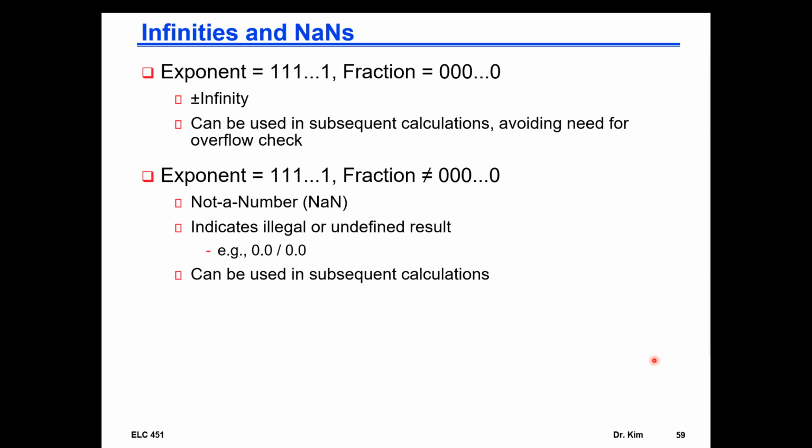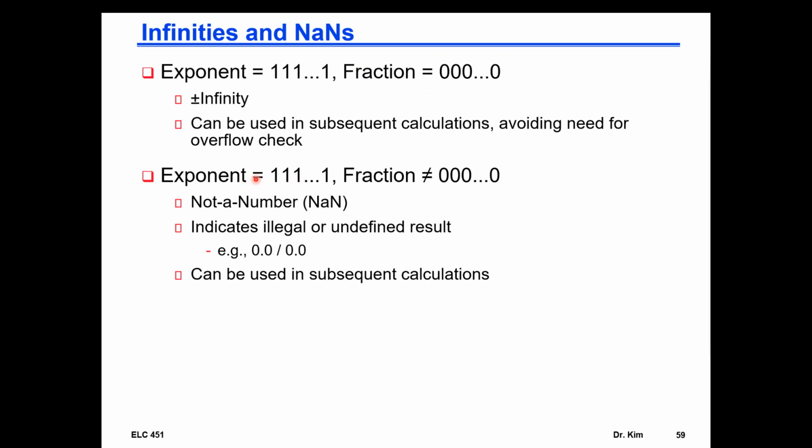The standard also covers things like infinities and what are called NaNs, which are not a number. Essentially, you can come up with a result that doesn't make sense as a number. You can have plus or minus infinity, and the standard allows for encoding that. That's when the exponent is all ones, that's why it's reserved, and the fraction is all zeros.